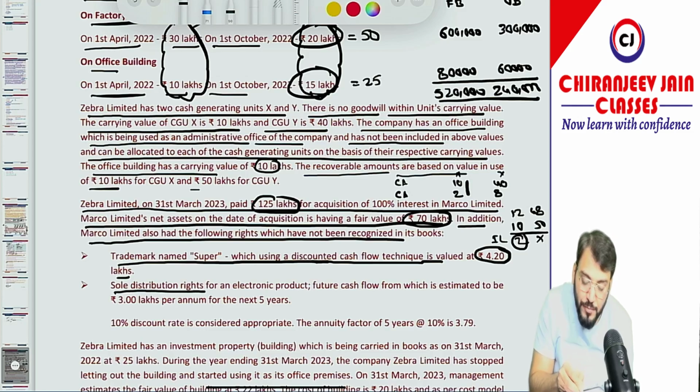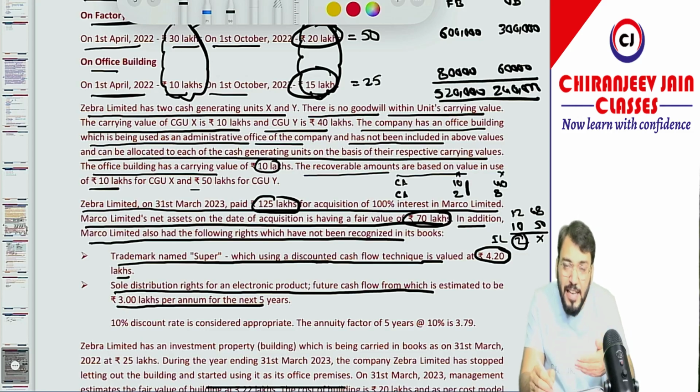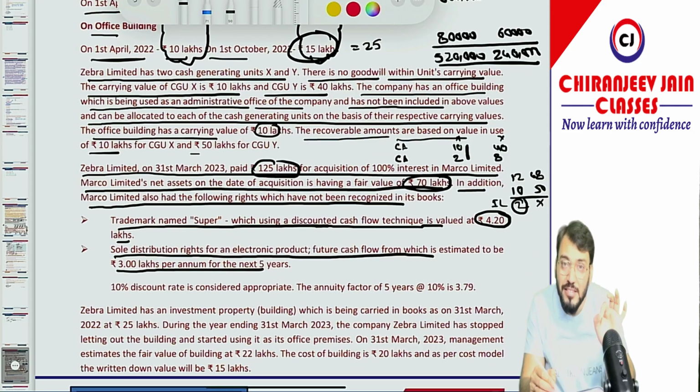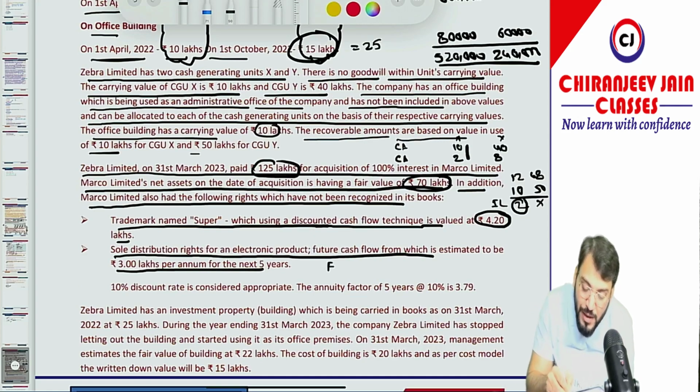Sold distribution right for an electronic product, whose future cash flow is estimated to be 3 lakh per annum for the next 5 years. So any distribution right, if it has future economic benefit and if there is control, is identifiable and meets the definition of an intangible asset, so it can be recognized as an intangible asset in the books of the acquirer. We need to find out the fair value because it is not given.